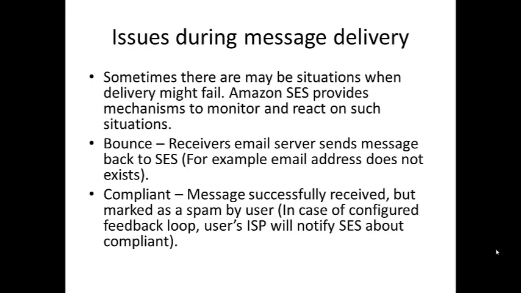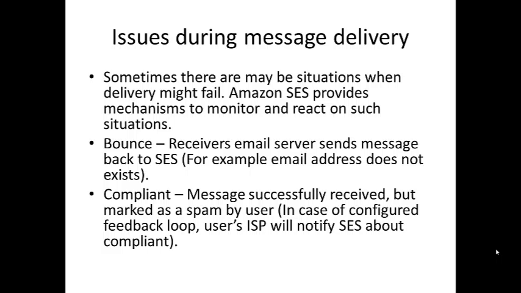Okay, during email message delivery there might be some issues. Mostly all of the messages are delivered, but sometimes there might be bounces or complaints. Bounces are situations when the receiver's email server sends a message back to SES. For example, there is no such destination address and we will receive some SMTP error code on it. A complaint is a situation when a message is successfully received by a recipient but marked as spam by the user.